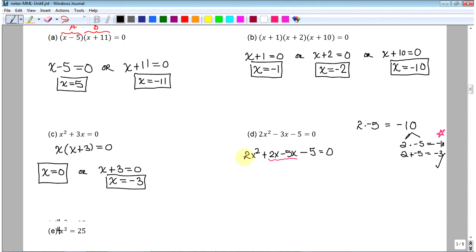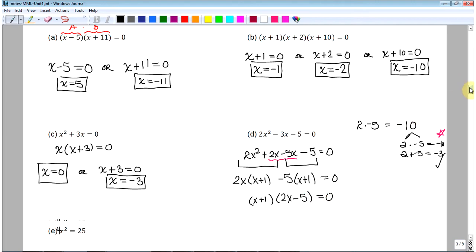So now we do a factor by grouping. We group our first two together and our last two together. I can factor out a 2x, leaving me with an x plus 1. I can factor out a -5, leaving me with x plus 1. So now I can factor out an x plus 1, leaving me with 2x minus 5.